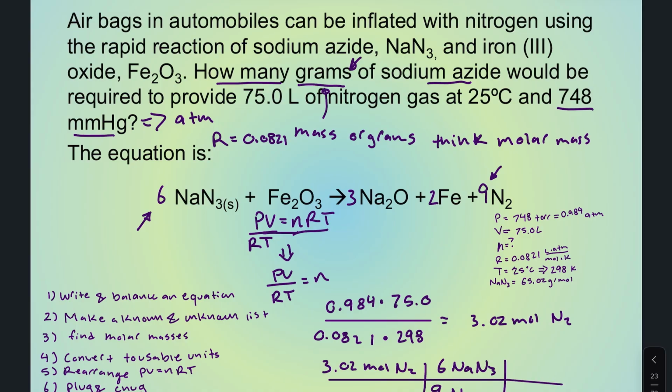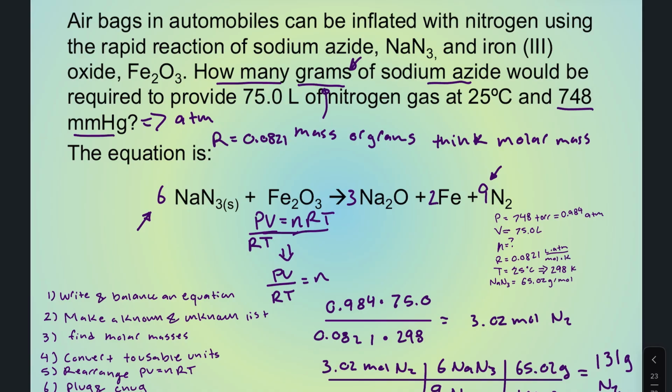And that gives us, we will then use the molar mass, which we took earlier, of 65.02 grams. Nope, that's going to go on top. 1 mole of that is going to be 65.02 grams. And that will give us a final value of the grams that we need, which is going to be 131 grams of N2.